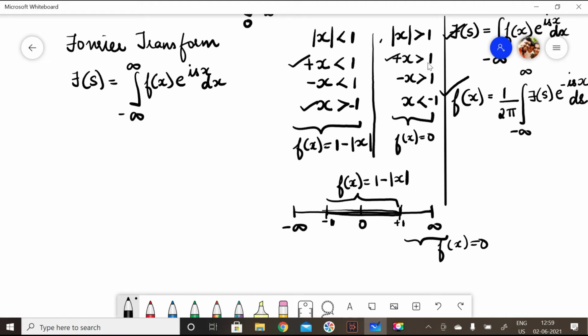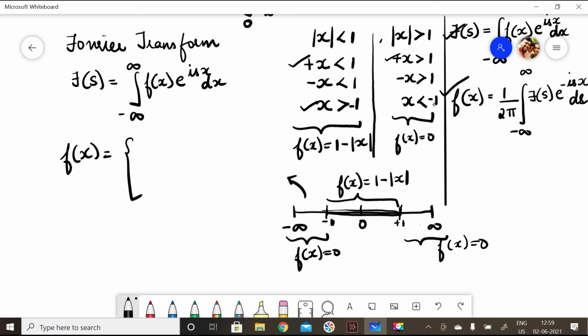Likewise, for x less than minus 1, that is this part, my f of x is 0. So from this, I can rewrite my function. From minus 1 till plus 1 the function is 1 minus modulus of x, and all the remaining parts it is 0.